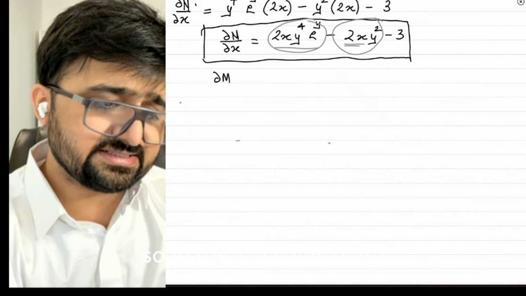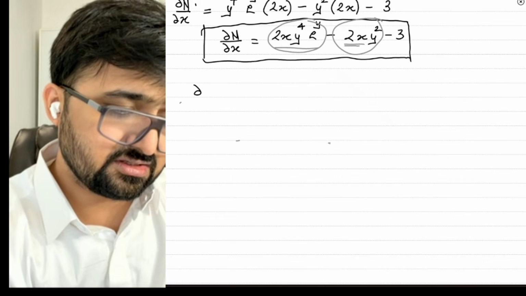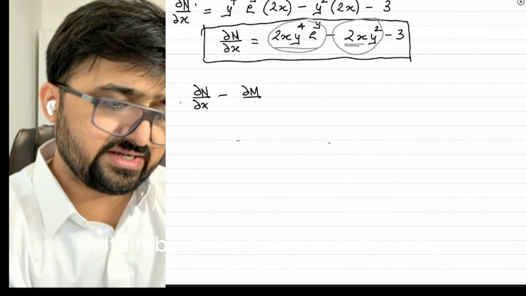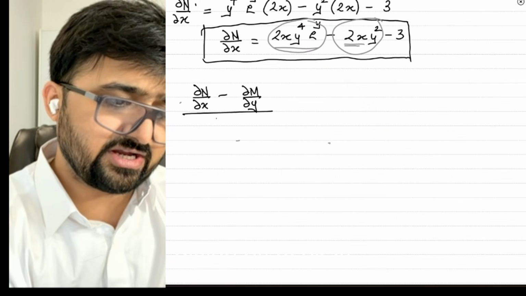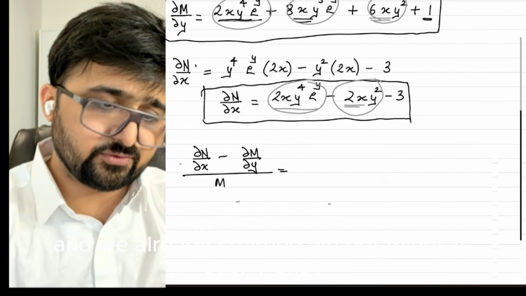In this case, it is delta n by delta x minus delta m by delta y, divided by m. And we already learned we got minus 4 over y.